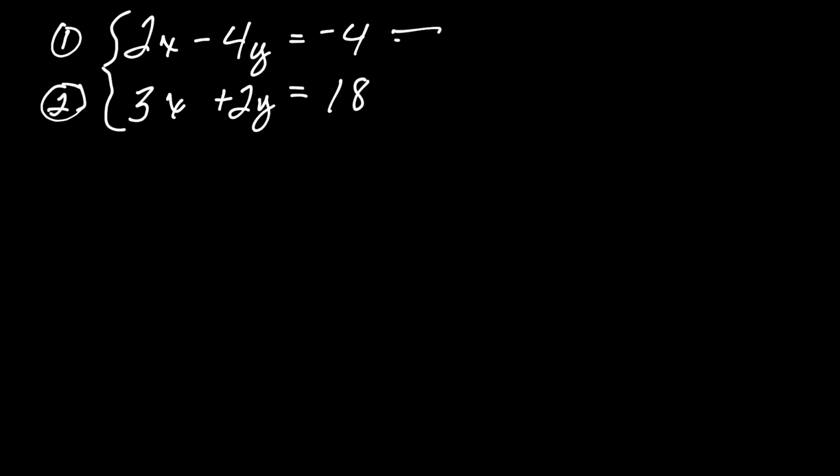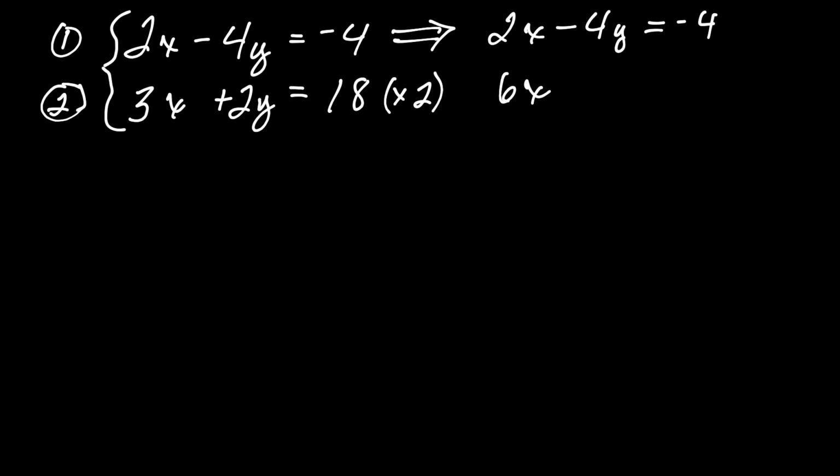So nothing happens to the first equation. Still 2x minus 4y equals negative 4. But when I multiply this equation by 2, multiply by 2 on both sides, we have a 3x over here. So 3x times 2 gives us a 6x.